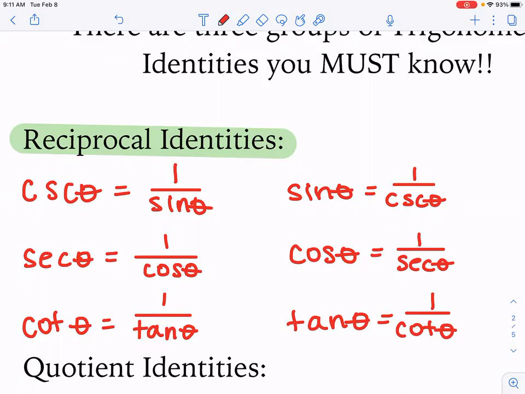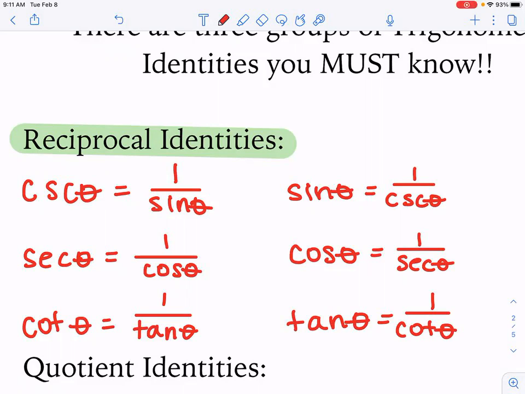Now, do you notice how I wrote thetas in all of them? It doesn't have to be theta. It could be the sine of x equals 1 over cosecant of x, or the sine of 30 degrees equals 1 over the cosecant of 30 degrees, as long as the angle matches on both sides, it holds true.